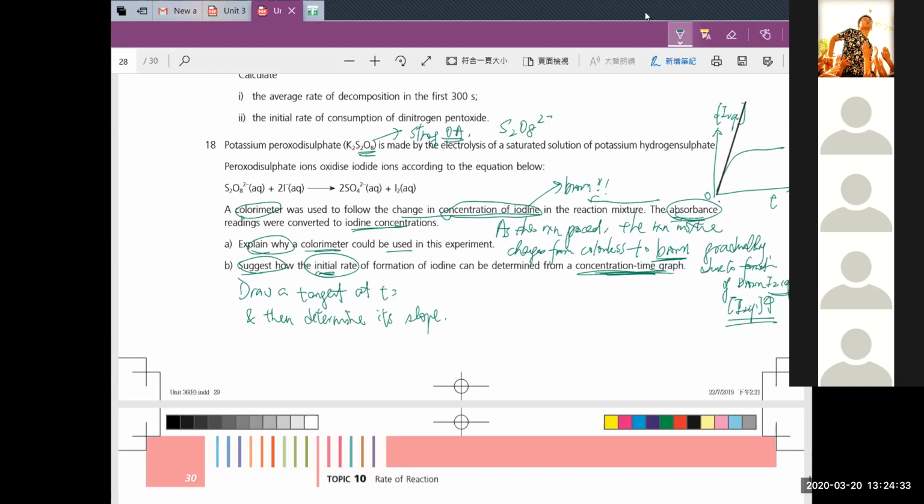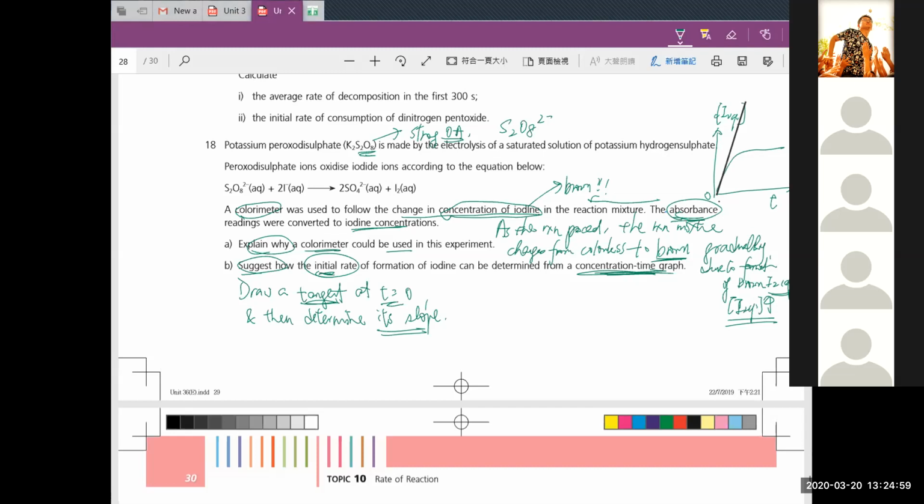At time equal to 0, and then determine its slope. So you are going to draw the tangent, a straight line at time equal to 0. Got it?